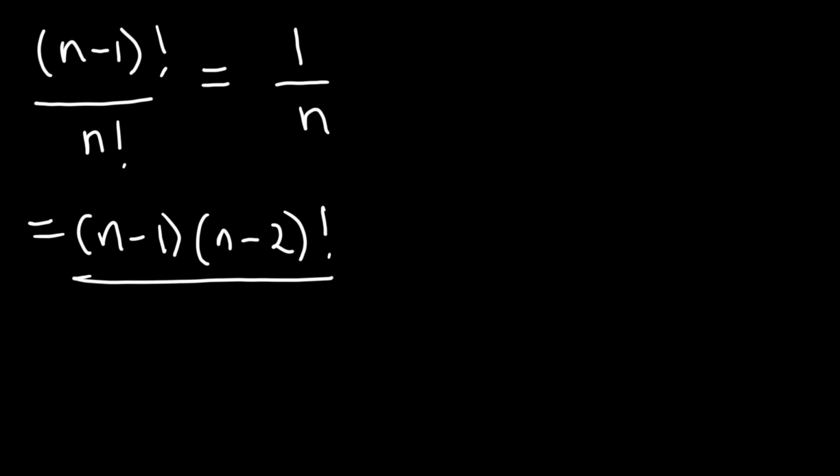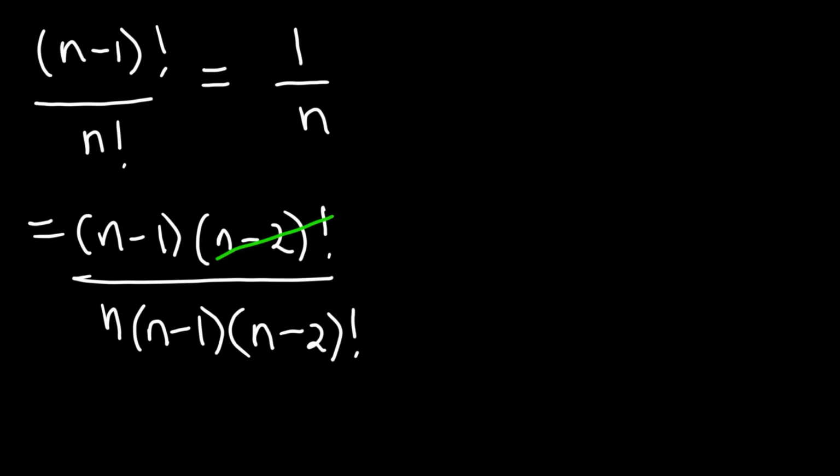Divided by n factorial, which is the same as n times n minus 1, and then times, once again, if we subtract 1 from n minus 1, we shall get n minus 2 factorial. This will cancel with that, and also this n minus 1 will cancel with that, and so we shall remain with 1 divided by n.